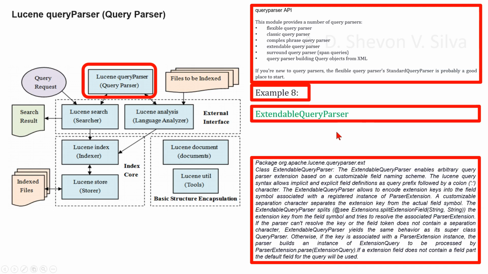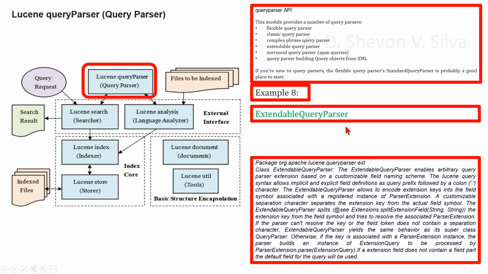Now we are considering the extendable query parser. Class ExtendableQueryParser in package org.apache.lucene.queryparser.ext. The extendable query parser enables arbitrary query parser extension based on a customizable field naming scheme. The Lucene syntax allows implicit and explicit field definition as a query prefix followed by a colon character.